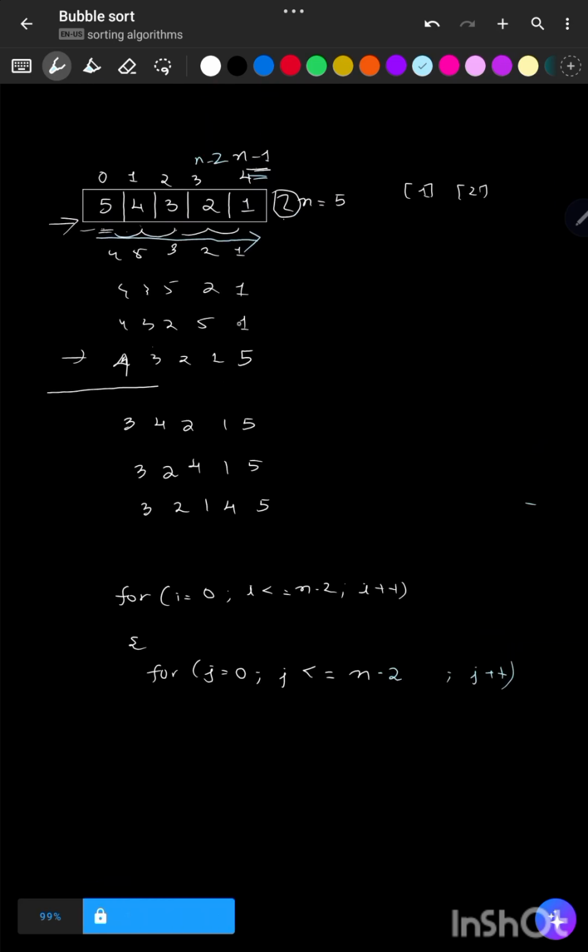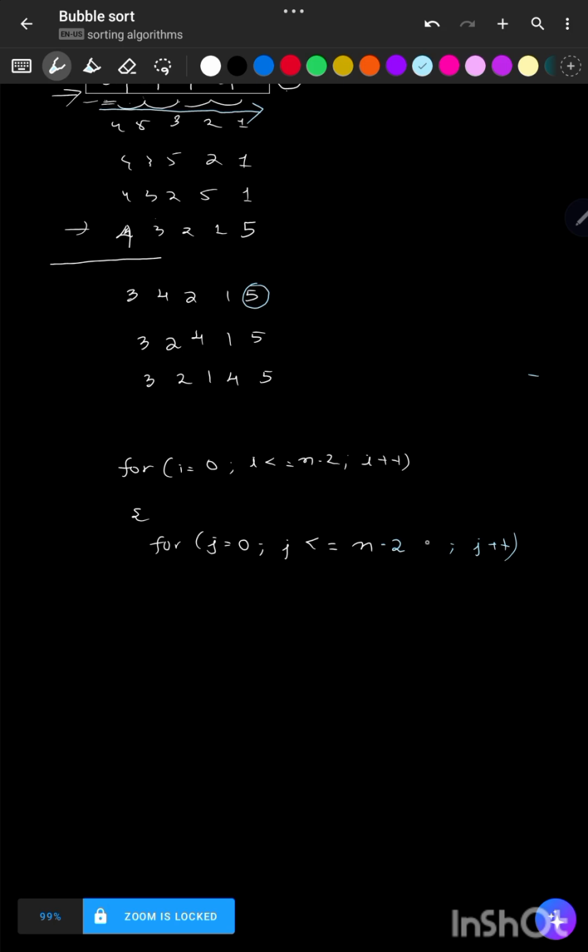After the first pass, 5 has been put in its proper position. Now 4 will be compared with 3, 4 will be compared with 2, 4 will be compared with 1, 4 doesn't have to be compared with 5 again. So therefore I write minus i here, where i indicates the number of sorts which have already occurred.